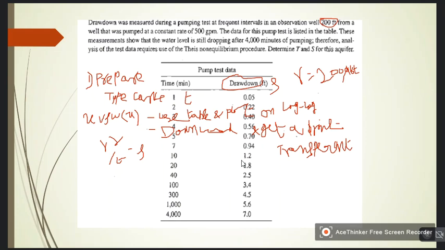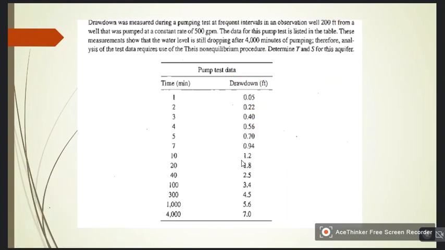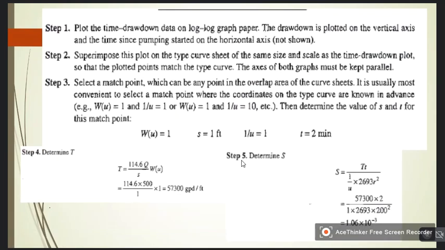Then, the procedure: once you prepare this, match them and get the matching point coordinates. And the rest is simple. Right? So this is an exercise for you.